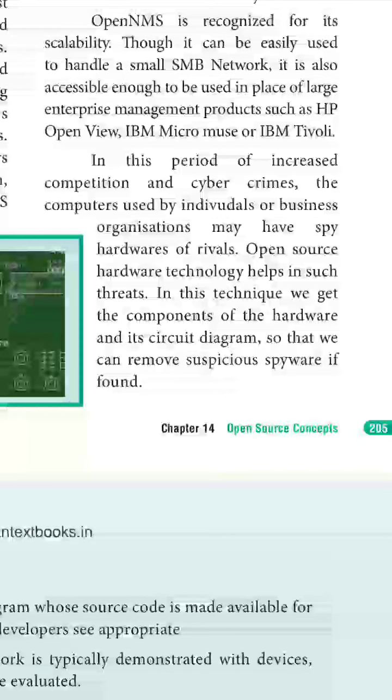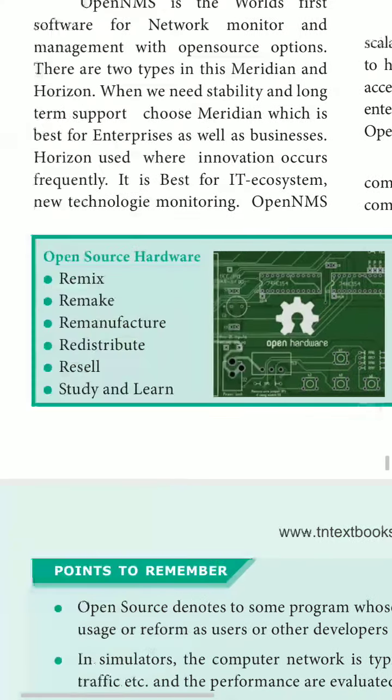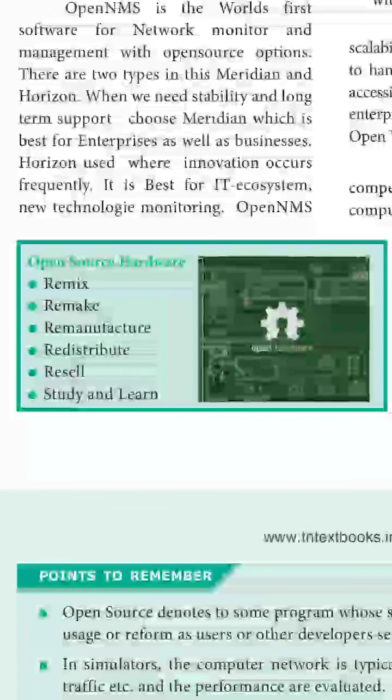In this technology, we get the components of the hardware and its circuit diagram so that we can remove suspicious spyware if found. So this kind of open source hardware is available for remaking, remanufacturing, redistribution, reselling, study, and learning.